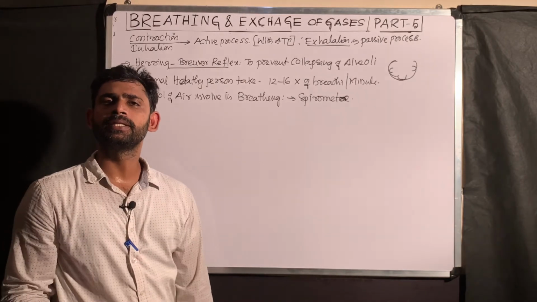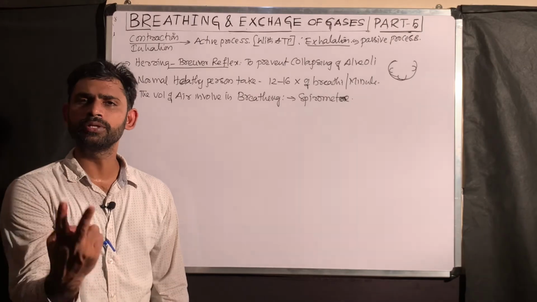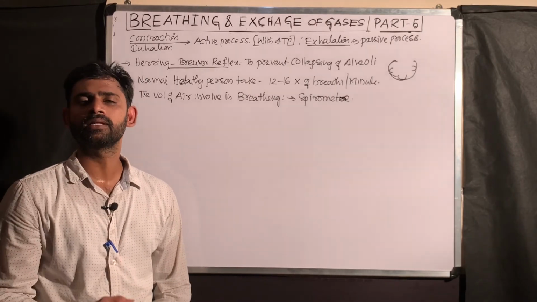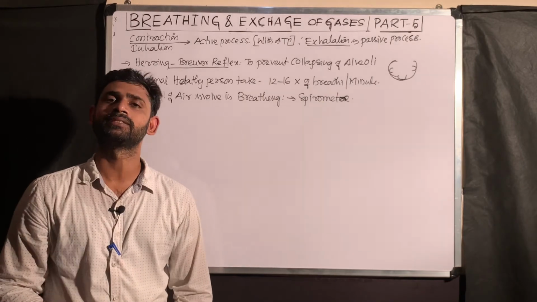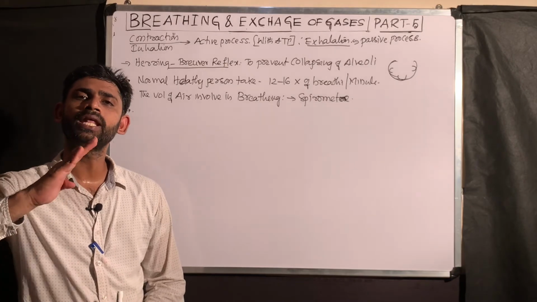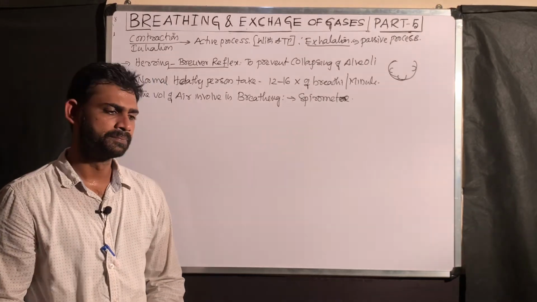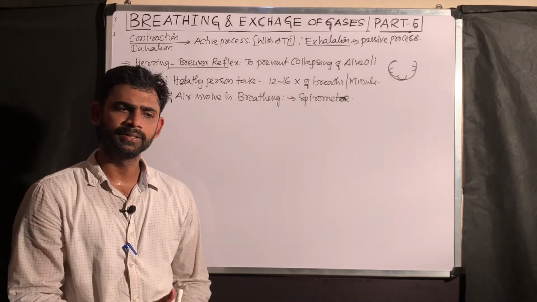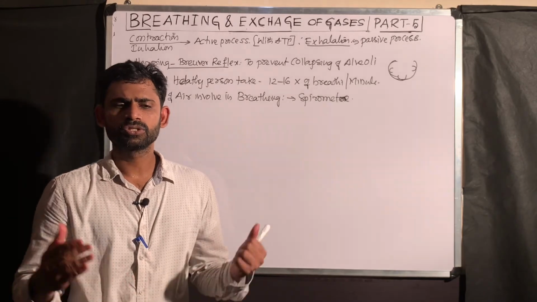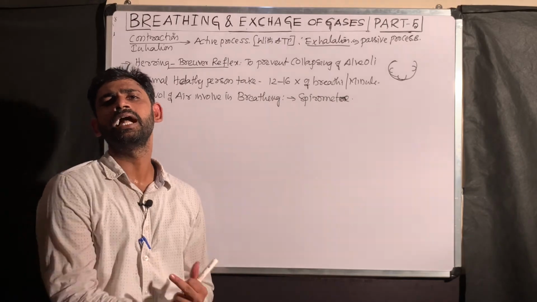The next point: during normal breathing, that means during normal inhalation and normal exhalation, two types of muscles play a vital role. One is the diaphragm, and the other is the external intercostal muscles. The diaphragm plays a very important role during normal breathing. For example, one person is riding a bike and falls down. Visually you see no blood loss, but the person is dead.